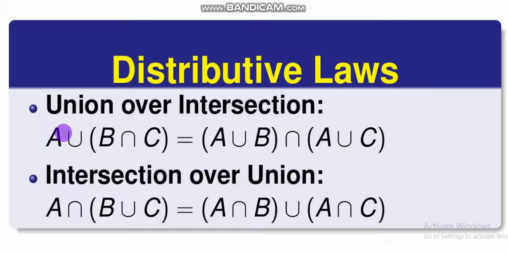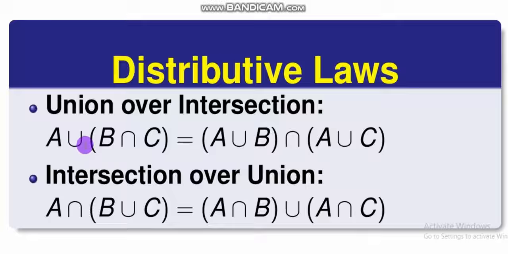If I do that, the result will be the same as doing it the other way, as given in the right hand side. Meaning, I will find the union of A and B, keep it. Union of A and C, keep it. Now I have 2 sets. Then I will compare these 2 sets and see what elements they have in common. If I have a set of those elements, the result will be the same as what I did here.